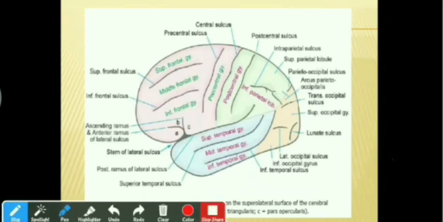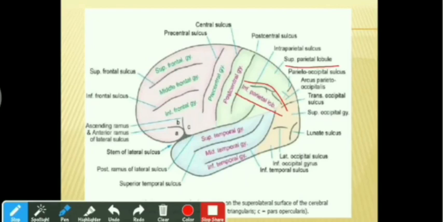In the parietal lobe, the postcentral sulcus lies behind and parallel to the central sulcus, and the rest of the parietal lobe is divided by the intraparietal sulcus into the superior parietal lobule and the inferior parietal lobule.